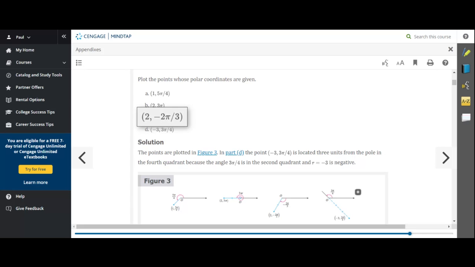Negative angles, you move clockwise. And that's what they have in the third picture. So pi over 3 is 60 degrees, right? So 2 times pi over 3 would be 120 degrees. So negative 120 degrees, they measure that angle in the third picture, and then they move forward a radius 2 in that direction.